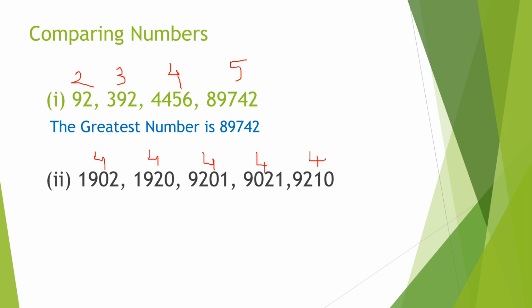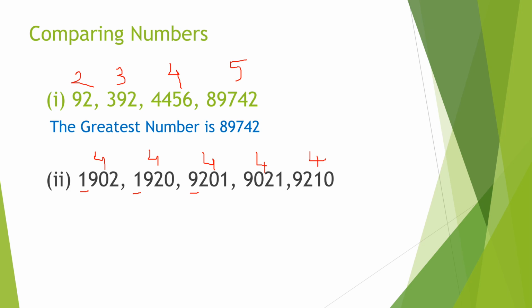Then, how do you find the greatest number? So, you check the thousands place. This is ones place, tens place, hundreds place, thousands place. Check the thousands place digit. Here it is 1. The second number also it is 1. In the third number the thousands place digit is 9.